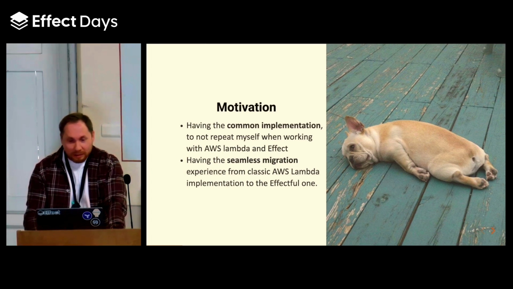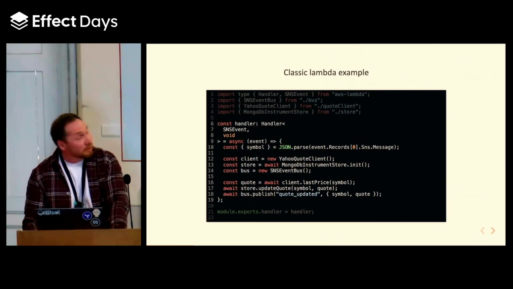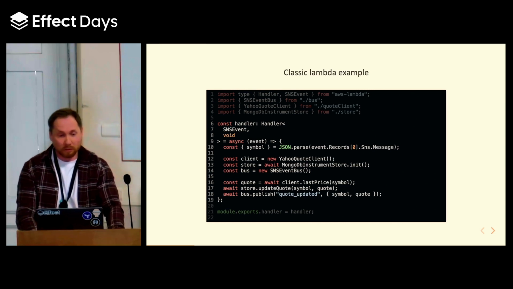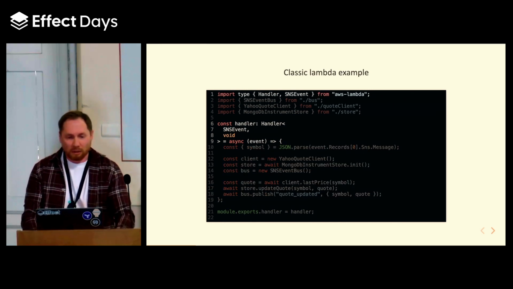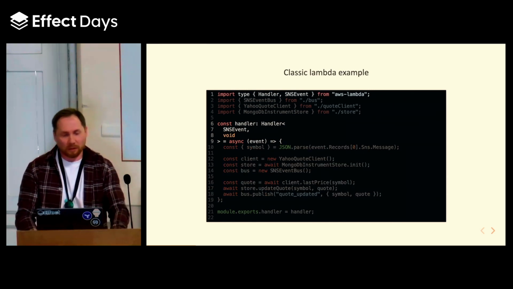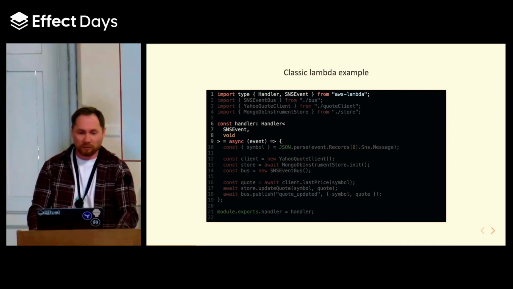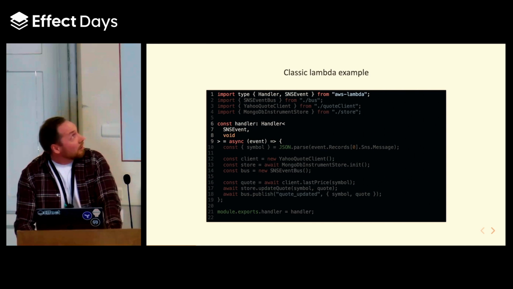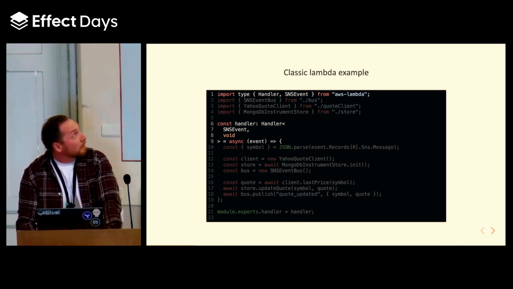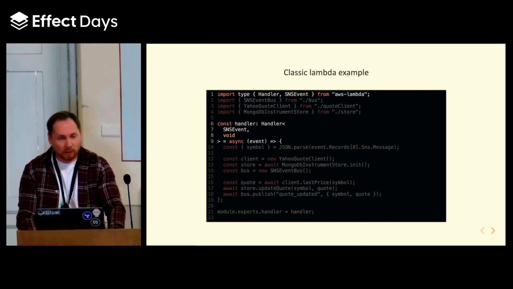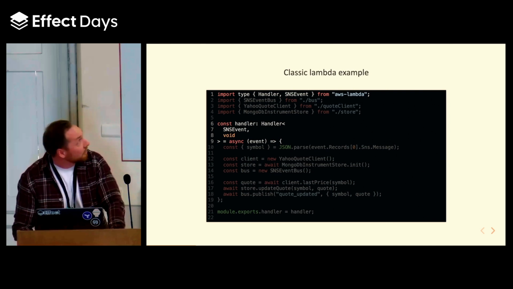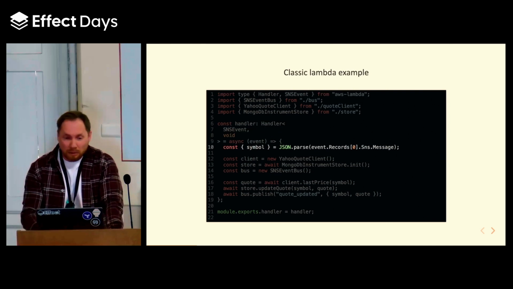Let's start with a simple example. This is a classic Lambda handler. You see that I'm using AWS Lambda here for importing the handler type. This is actually the contract, the interface of AWS Lambda, which in this case accepts an SNS event, and I'm just parsing the message.